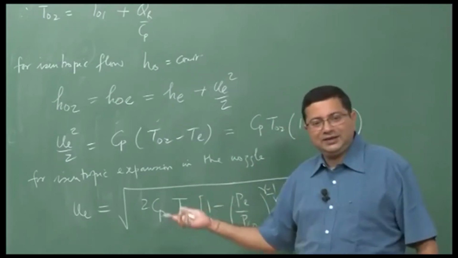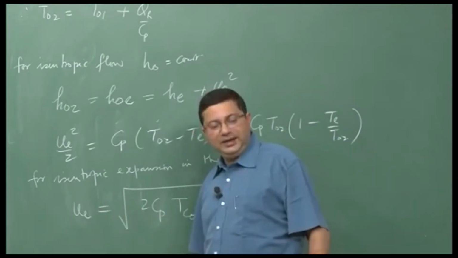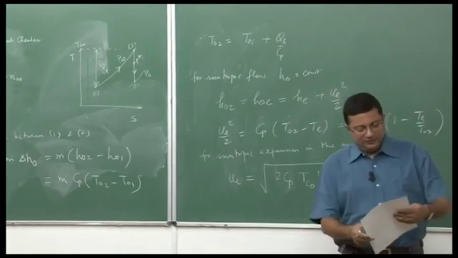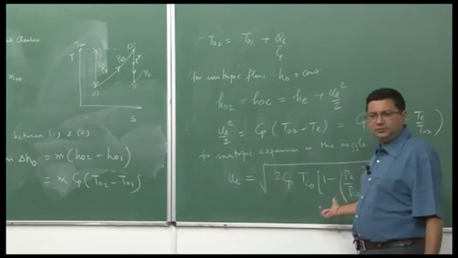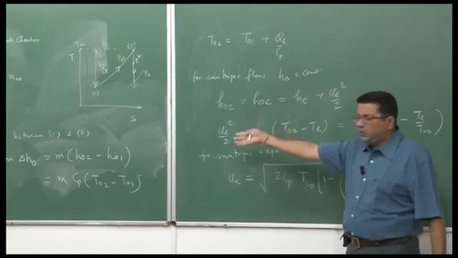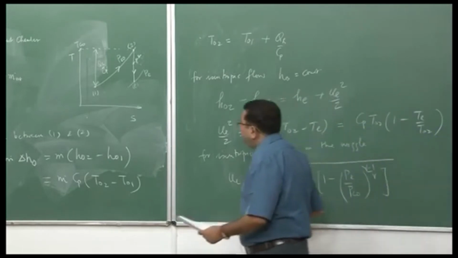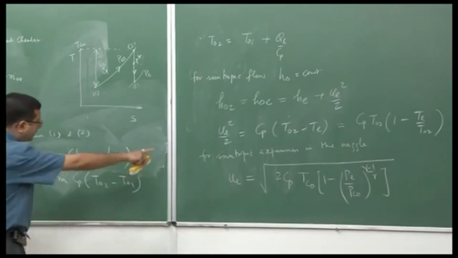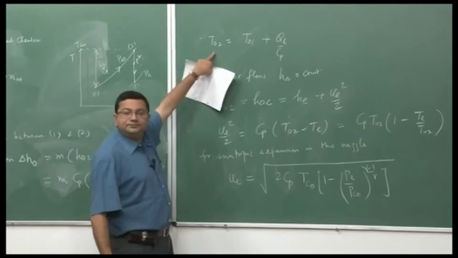This you have also seen in gas turbines, the same expression. So, this will now give us the exit velocity at the exit of the nozzle. What we will do is we will simplify this a little more. We will express it in terms of the known quantities which are given to us. So, in order to do that, what I will do is Tc naught I will replace by this equation.